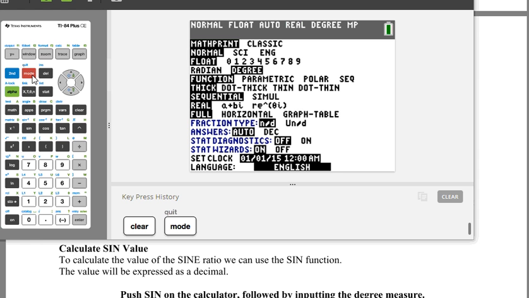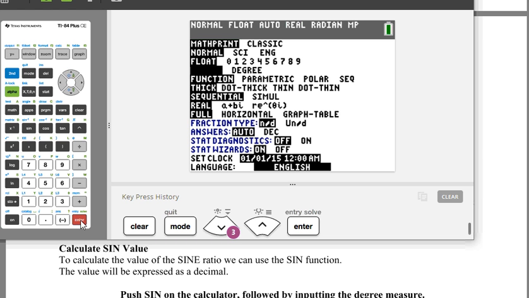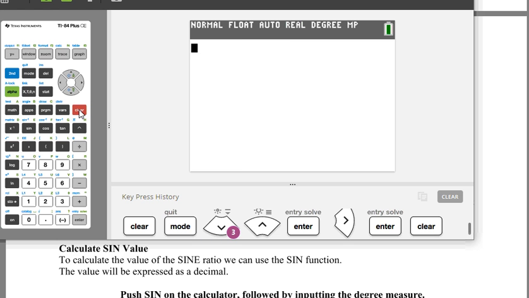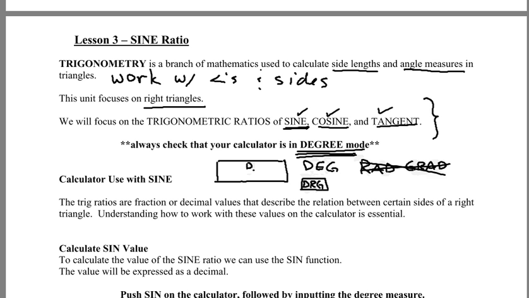If radians is highlighted, you need to change it. Use the cursor, highlight which one you want. Like here it's flashing on radian. If I hit enter, it's now in radians. But we don't want that. Make sure degree is highlighted, always in degree mode. Now let's get out of there. So, essential, you're always in degree mode.